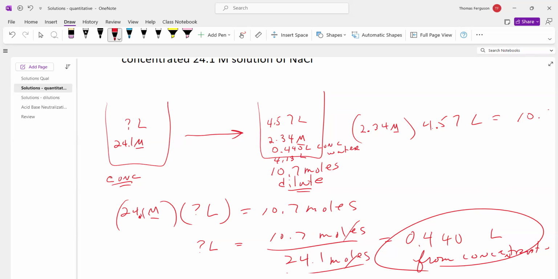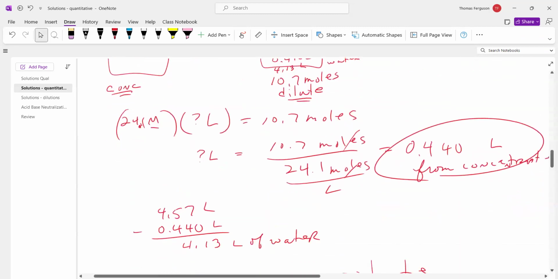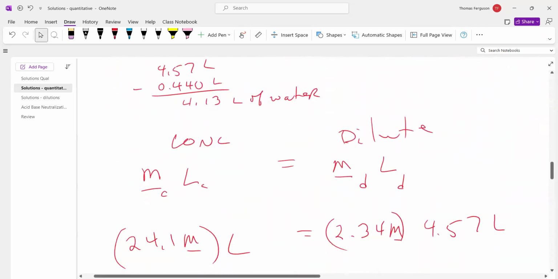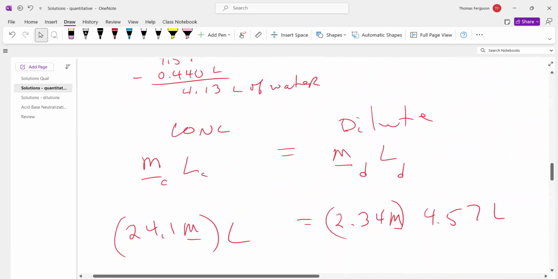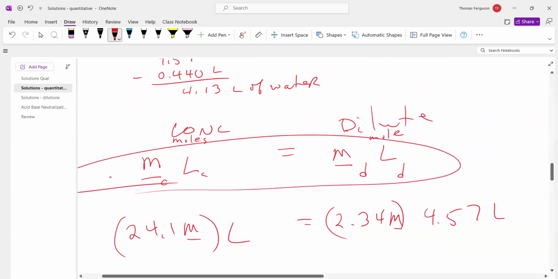The essence of this is the moles of concentrated equals the moles of dilute. And to get moles, you multiply the concentration times the volume. Dilute moles is concentration times volume again. So this is the essence of the dilution problem.